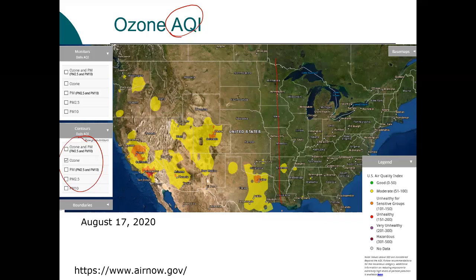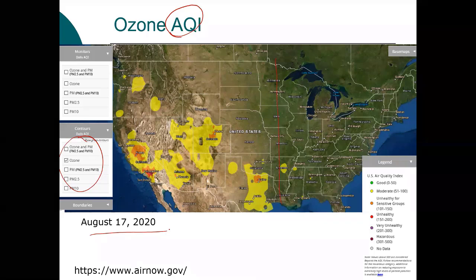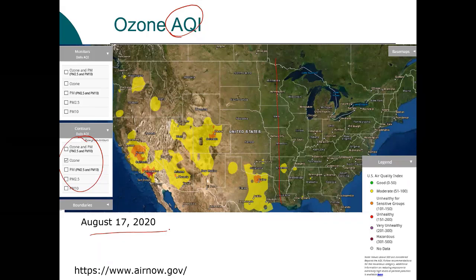And you can see it here, where for the most part, most of the East Coast doesn't have any coloration. So on August 17th, 2020, the levels of ozone were all acceptable in most of the eastern part of the US. You can see that in much of the Southwest, there are significant concentrations of ozone. So the yellow is for moderate.